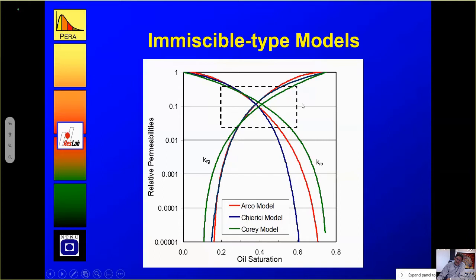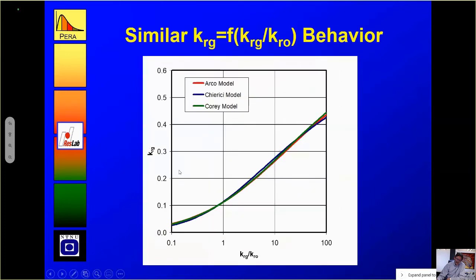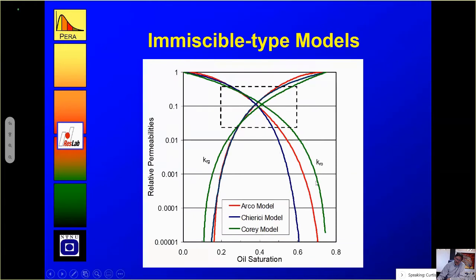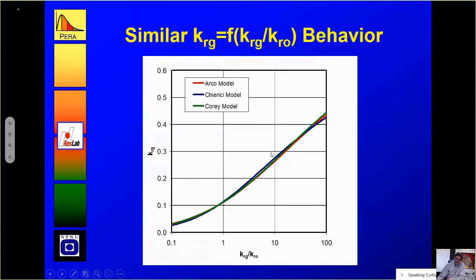The box here is basically marking where region 1 will be found, from 0.1 to 100 ratio. Here you see the ratio, KRG, KG, KO ratio is basically the same. So you've got huge differences outside the range, but within the range itself, they're essentially all giving the same fundamental relationship.